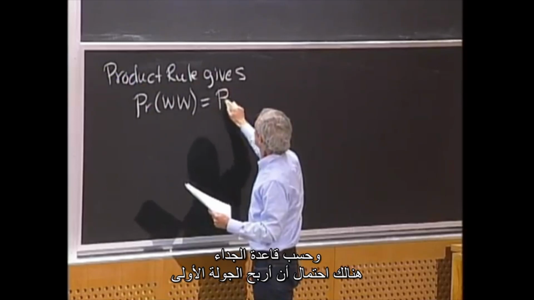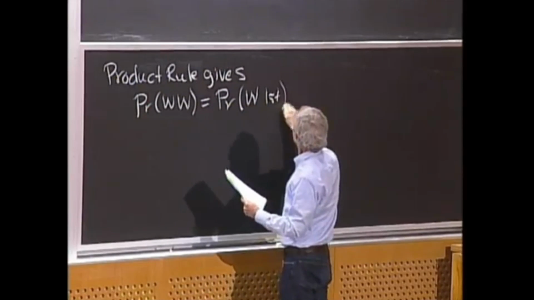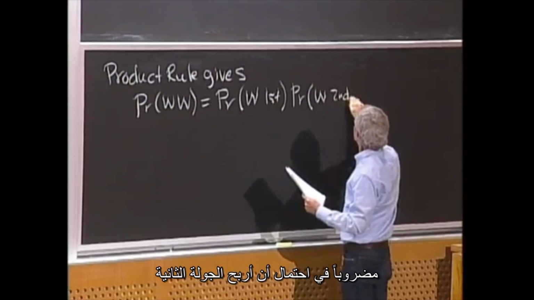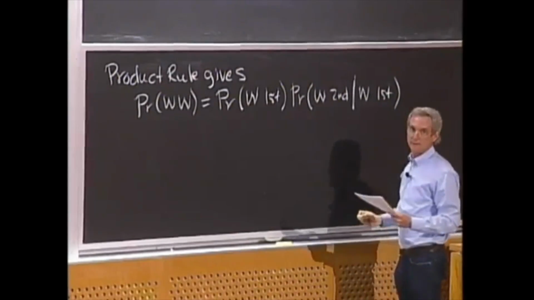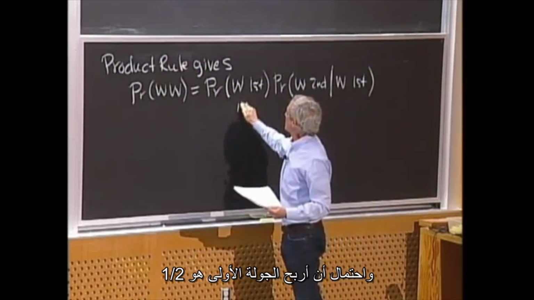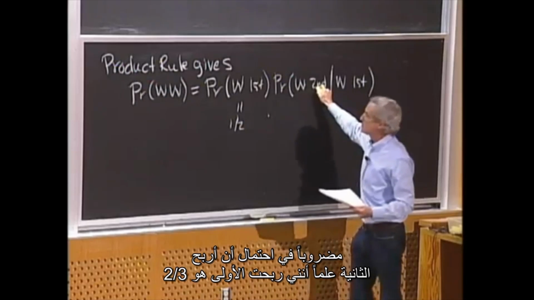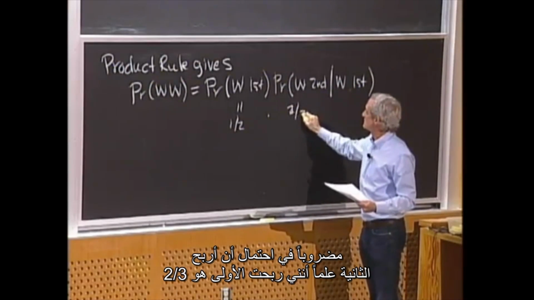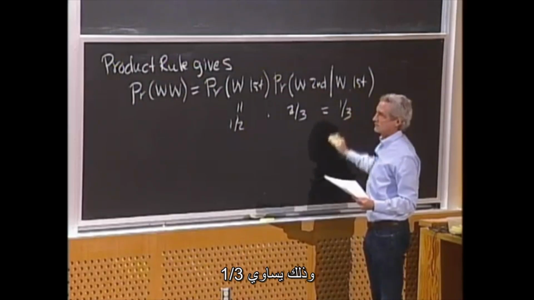By the product rule, it's the probability that I win the first game times the probability that I win the second game given that I won the first game. That's what the product rule says. Probability I win the first game is 1/2 times the probability I win the second given that I won the first is 2/3. So that equals 1/3.